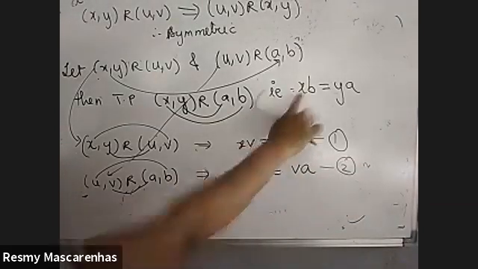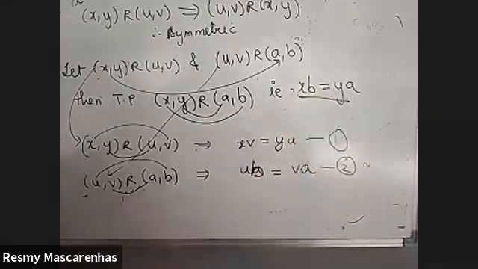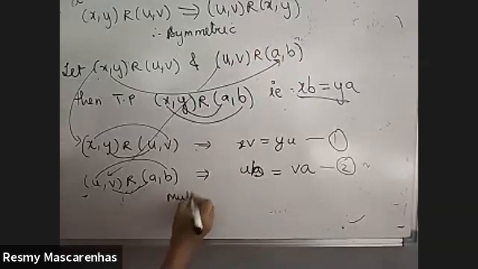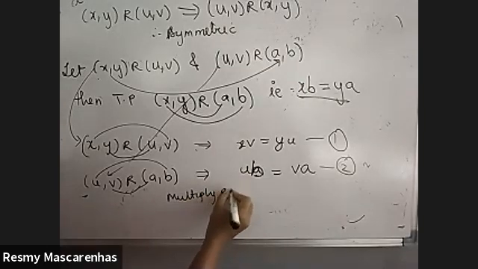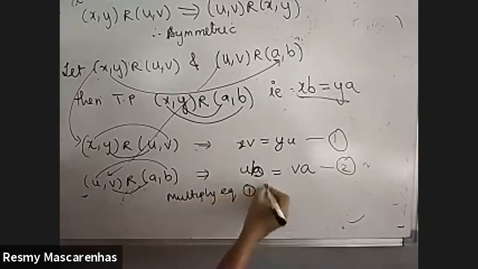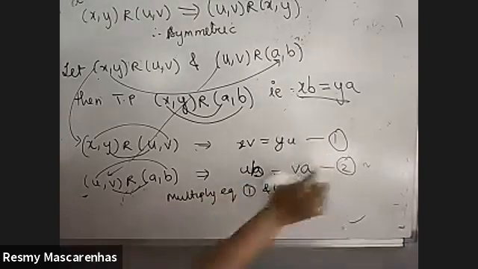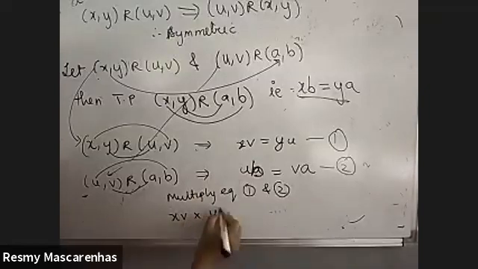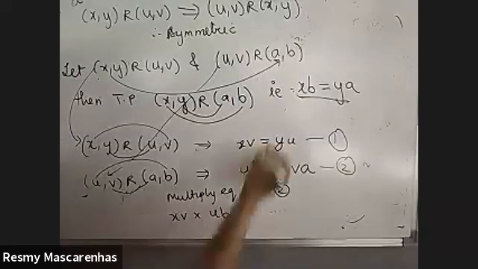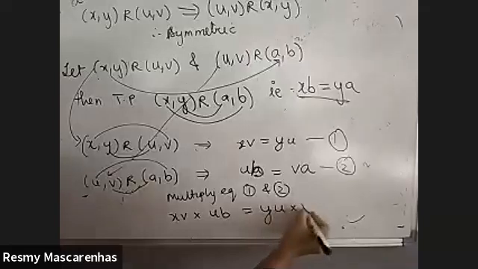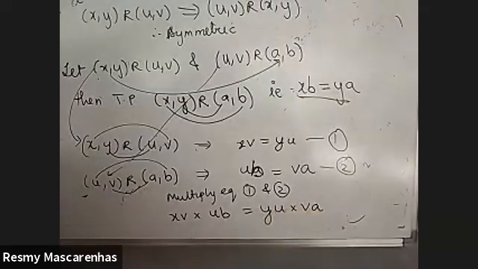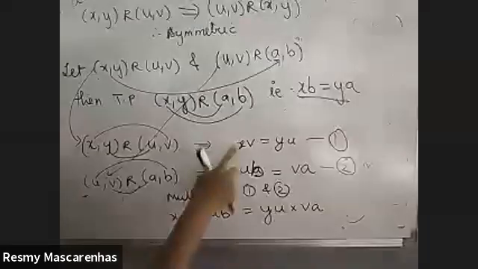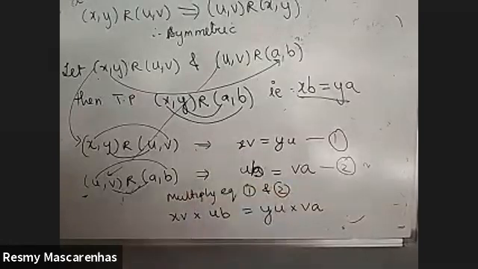And from these two, you have to get this. So what you do is multiply equation 1 and 2. So when you multiply equation 1 and 2, you will get xv into ub, which is equal to, left hand side into left hand side, right hand side into right hand side.